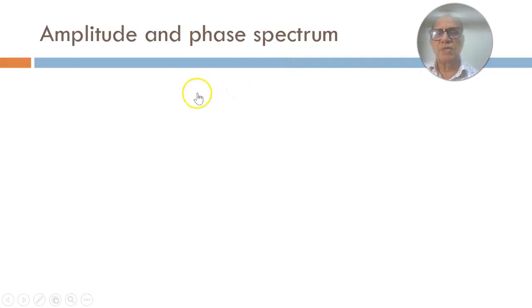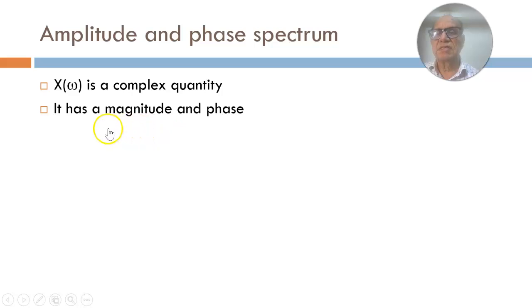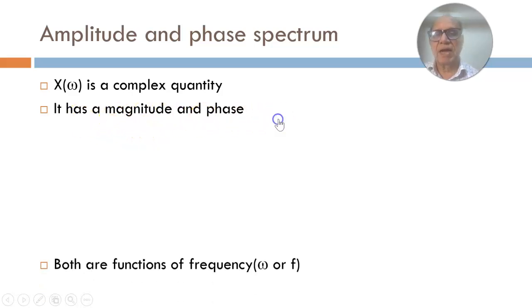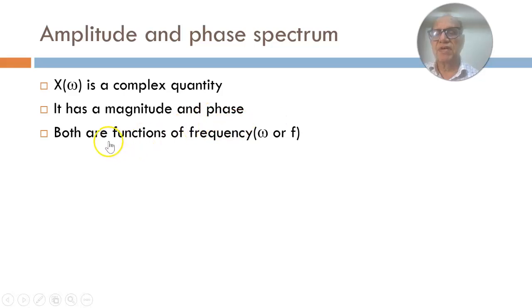But before we do that, let us look at some of the salient points which we had touched upon in our previous session. So X(omega), which is the Fourier transform of x(t), is a complex quantity. Since it's a complex quantity, it has a magnitude and phase, and both of these are functions of frequency.